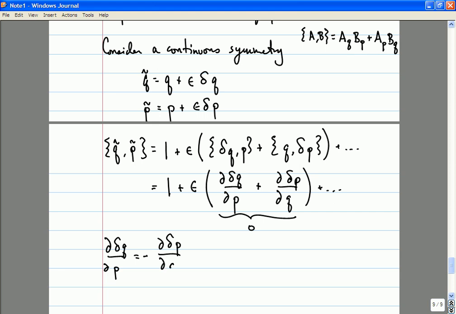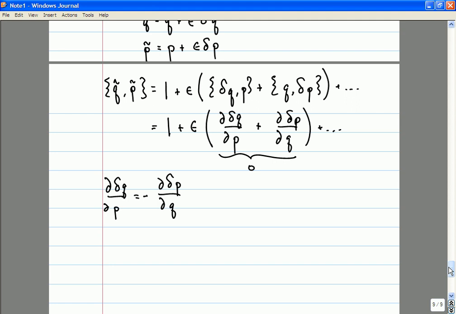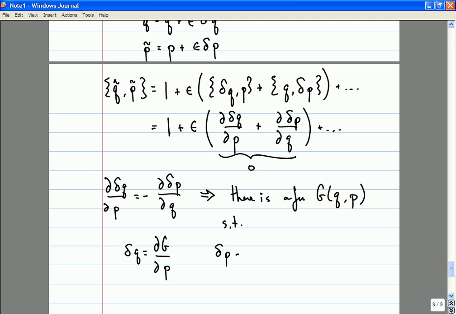What does that mean? That means that there is some function on phase space, a function of Q and P, i.e. an observable, such that delta Q is the derivative of G with respect to P, and delta P is minus the derivative of G with respect to Q. Sorry, I got that backwards.